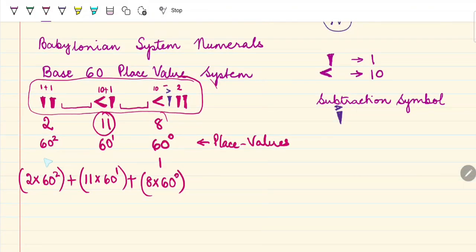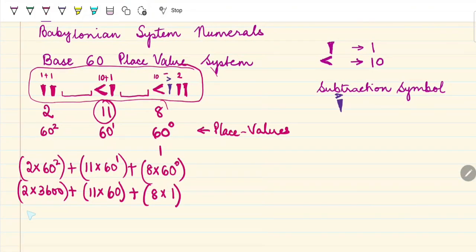So 60 squared is 3600. So what we are doing is 2 multiplied by 3600, 60 squared, plus 11 times 60 raised to the power 1, which is 60. So 11 times 60 plus 8 times 1. Again, not 8 times 60, it's 60 raised to the power 0, which makes it a 1. So 8 times 1.